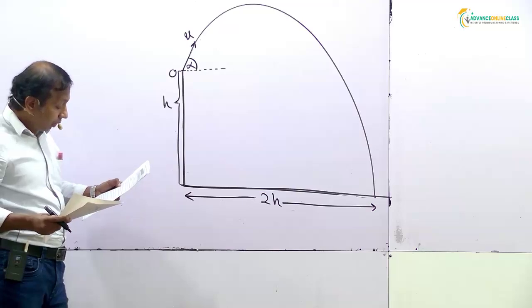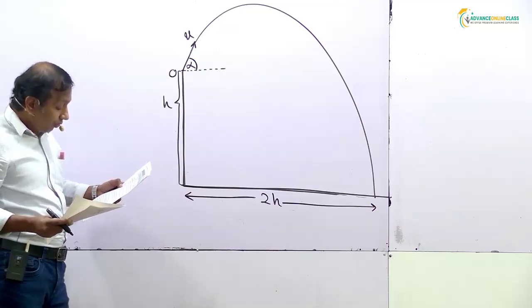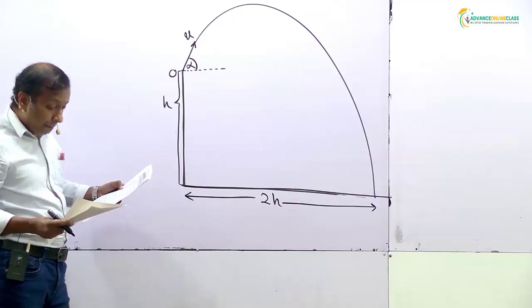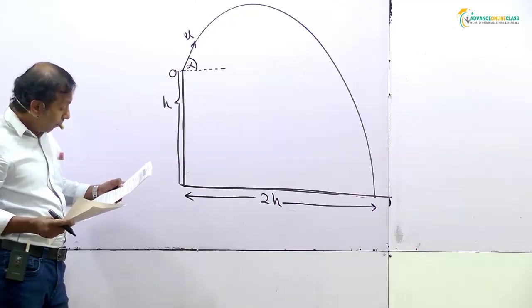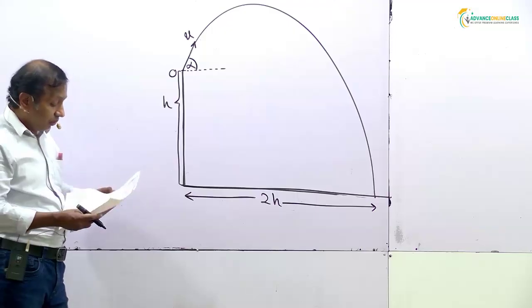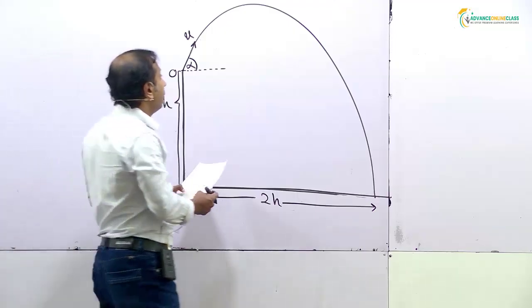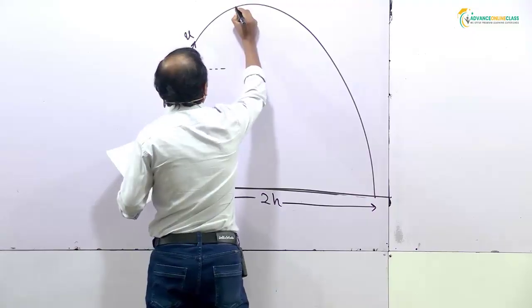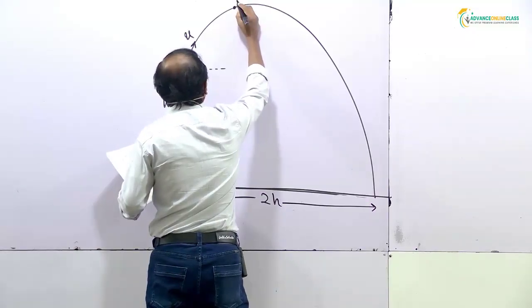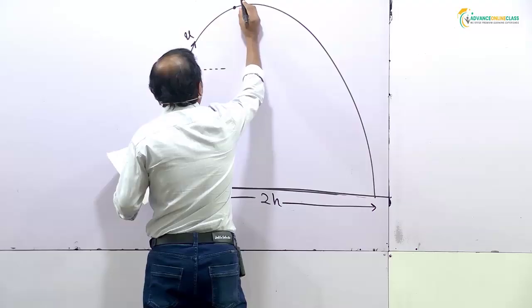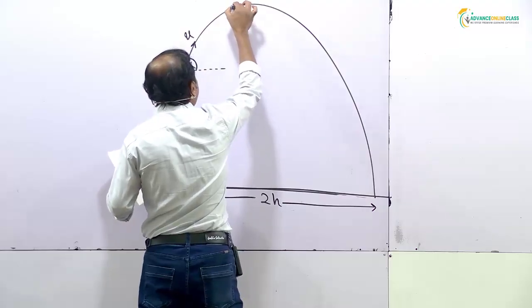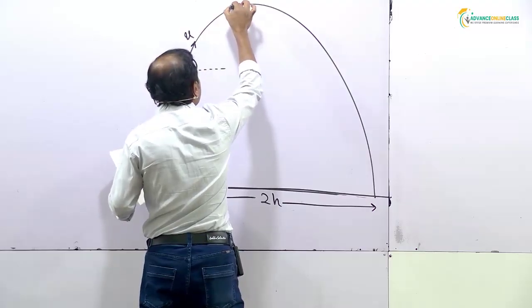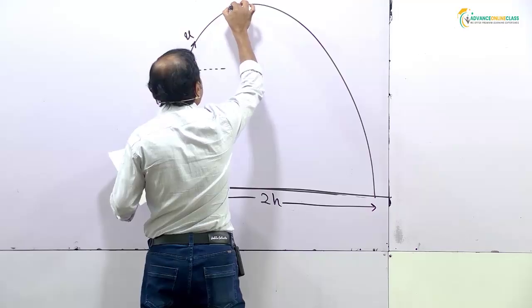From O it is theta, and its direction of motion makes an angle gamma with the horizontal at time t. Then the particle is moving along the direction of the tangent drawn to this point R.